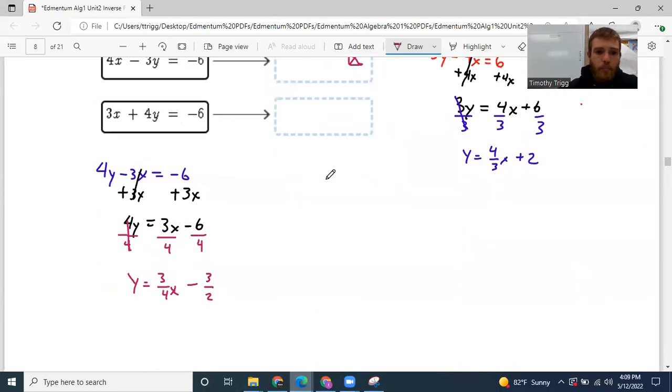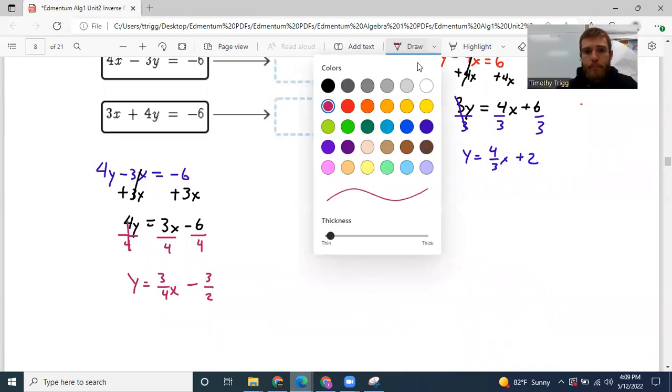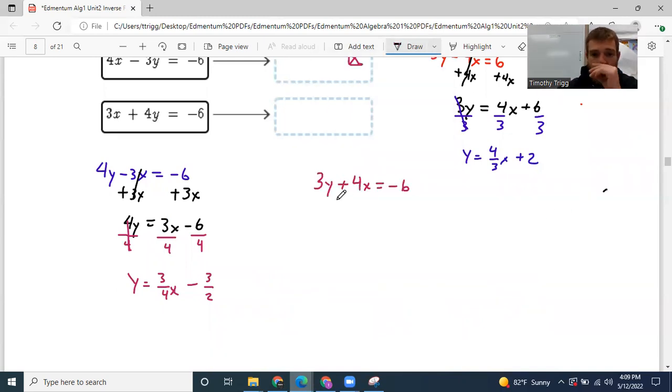Last one. Replace x with y and y with x, and solve for y. The next step would be to subtract 4x on both sides of the equation, giving us that 3y equals negative 4x minus 6.